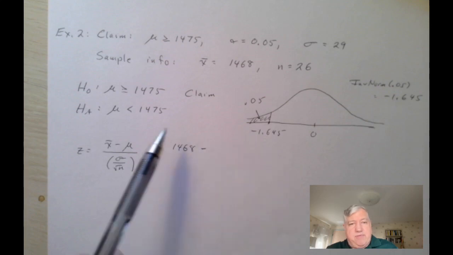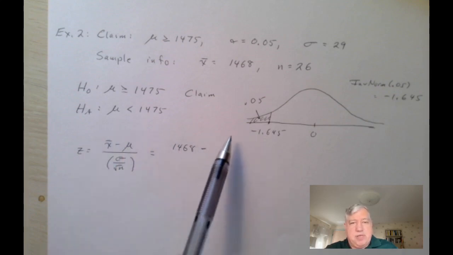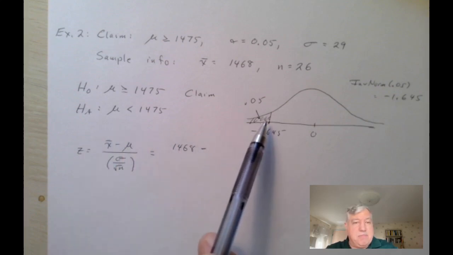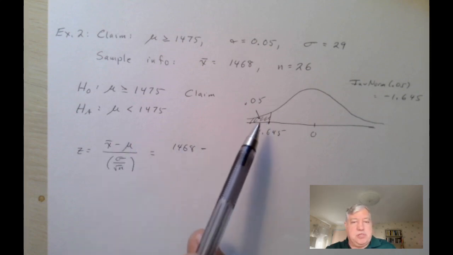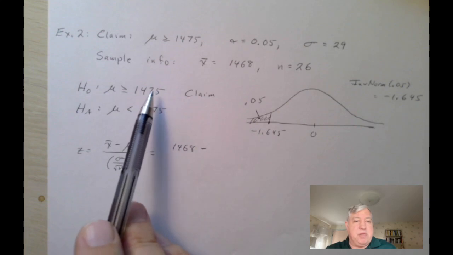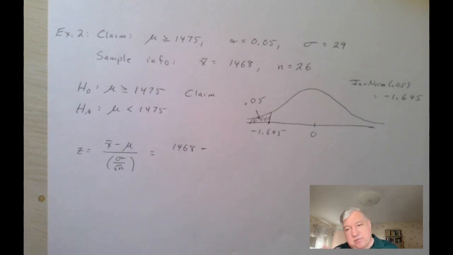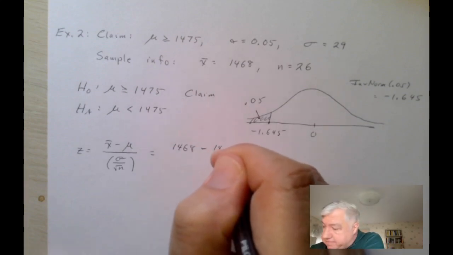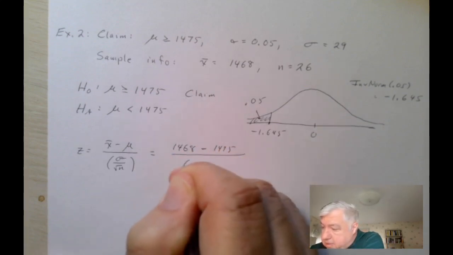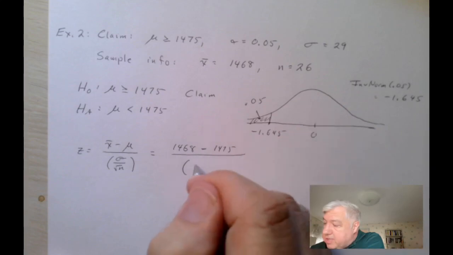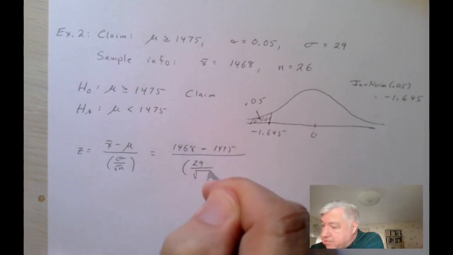So if this number is in the rejection region when mu is equal to 1475, it will still be in the rejection region if mu turns out to be greater than 1475. So that's why it works. So we can take mu to be 1475. Then we divide by 29, divide by the square root of 26.